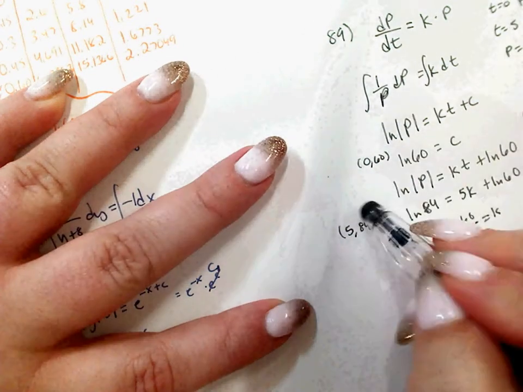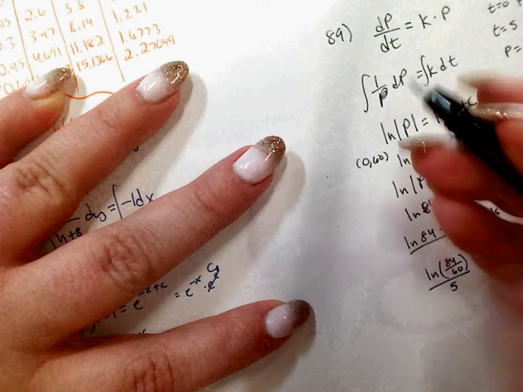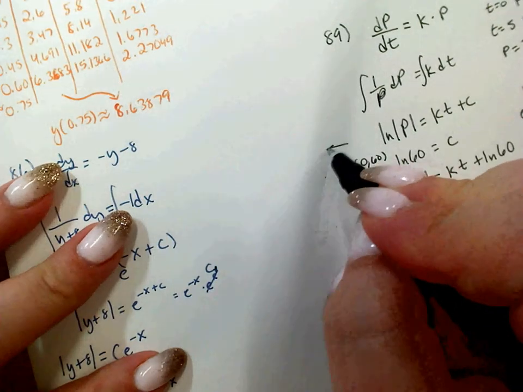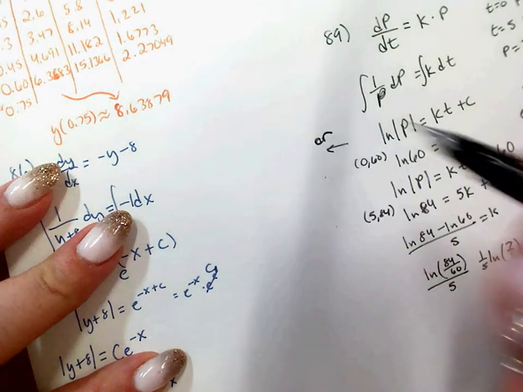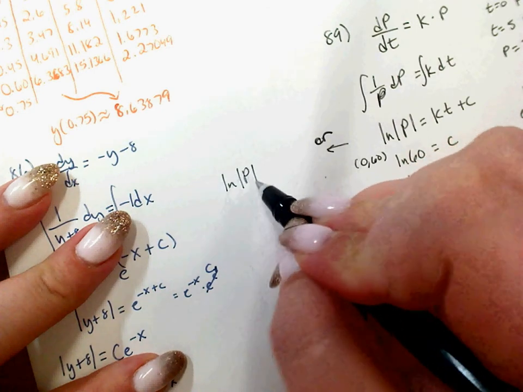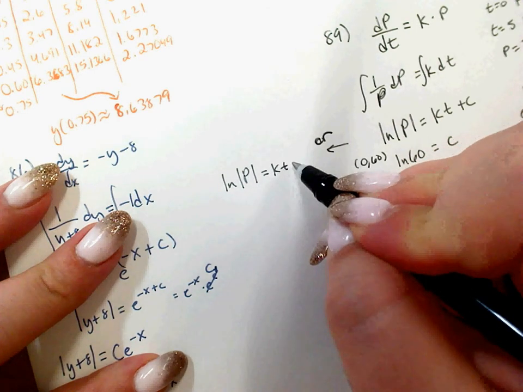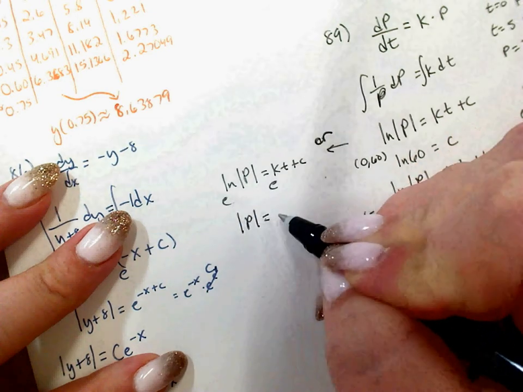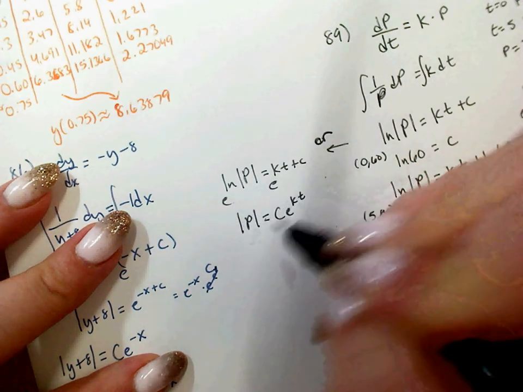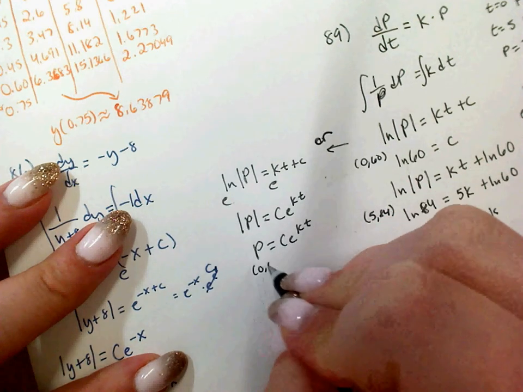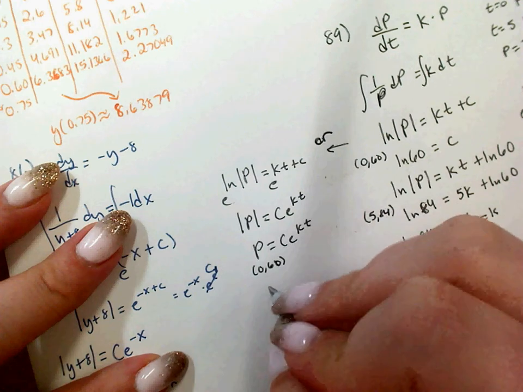So, number 4. Natural log of the absolute value of p equals kt plus c. Absolute value of p equals c e to the kt. P equals c e to the kt. Using 0, 60: 60 equals c. P equals 60 e to the kt.